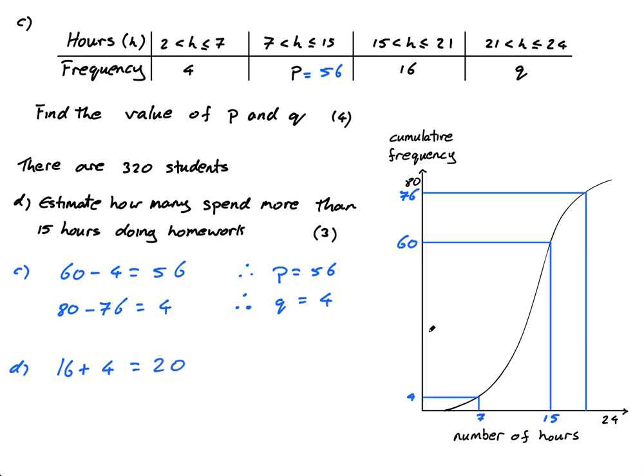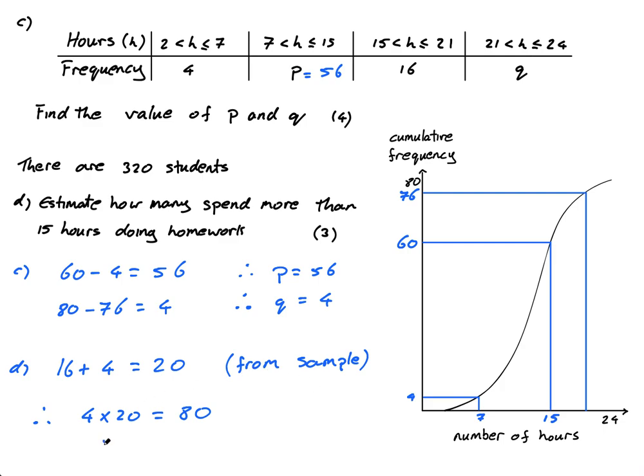So in my sample, 20 students study more than 15 hours. So to estimate, I don't know exactly, but I can make an estimate because there's actually 4 times more students. So I can say, therefore, 4 times 20 equals 80.